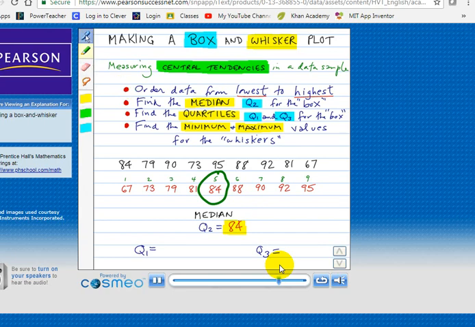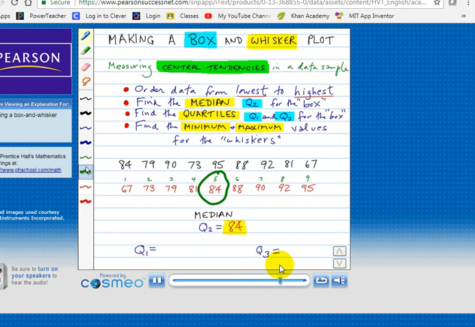Okay, now let's look at Q1. Q1 is going to be the median for the lower half of numbers, whereas Q3 will be the median for the higher half. So this is like, let's find the median of these 4 numbers. First, we eliminate the median itself. We have 4 numbers here.